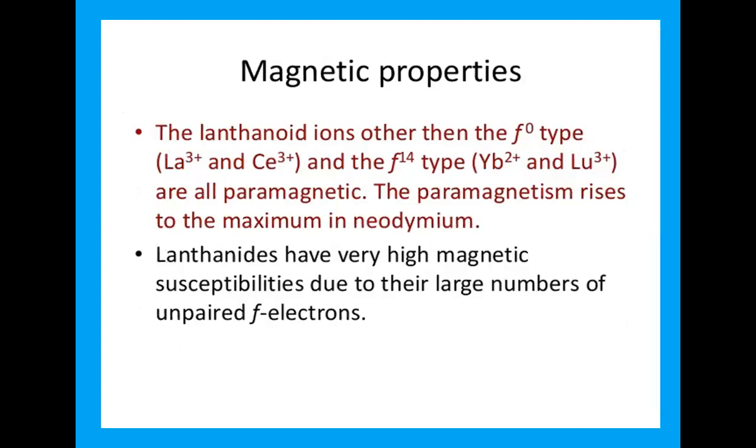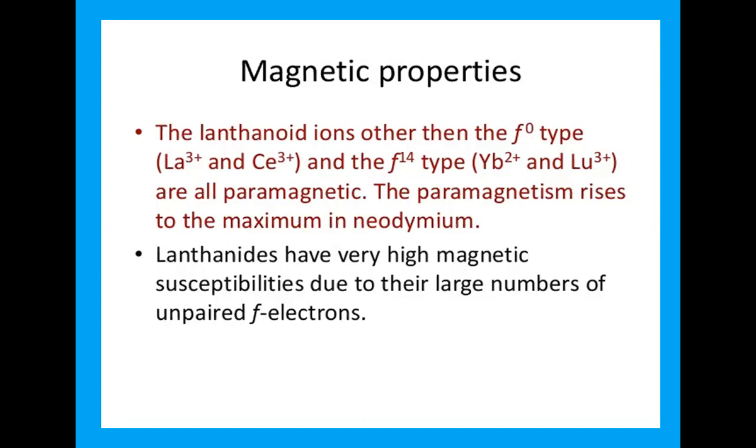And just like transition elements, lanthanides are also capable of showing magnetic properties. Which elements are capable of showing magnetic properties? Here are certain points. The lanthanide ions other than f0 type and other than f14 type are all paramagnetic.